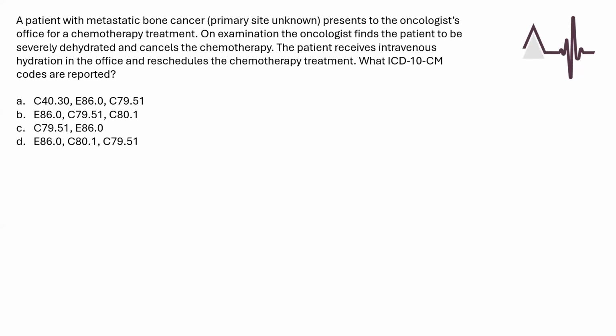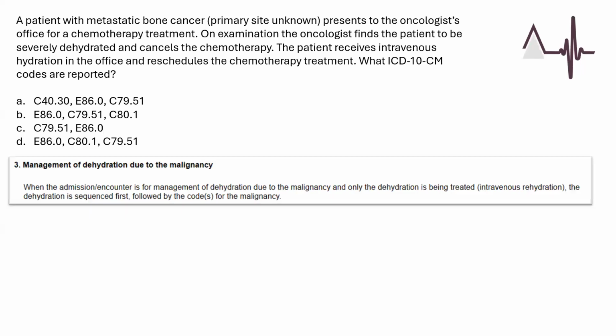We can see our answer choices on the screen here, 2 presenting with C first and 2 presenting with E first. Per the ICD-10-CM guideline 1C2B3, when the admission or the encounter is for the management of dehydration due to the malignancy or therapy or a combination of both, and only the dehydration is being treated, intravenous hydration, the dehydration is sequenced first, followed by the codes for the malignancy.